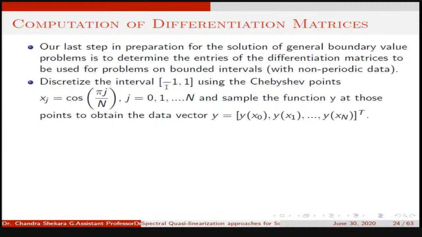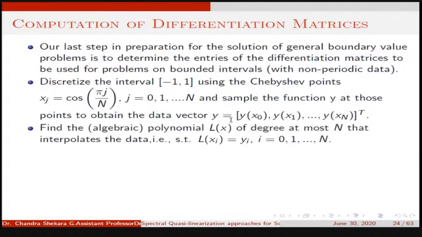Once we discretize the interval minus 1 to 1 by using Chebyshev collocation points, we can determine the values of the function at each of these collocation points. The values of the function at each collocation point are given by this vector y. Then, using these collocation points and the function values at them, one can use the interpolation technique, Lagrange's interpolation.